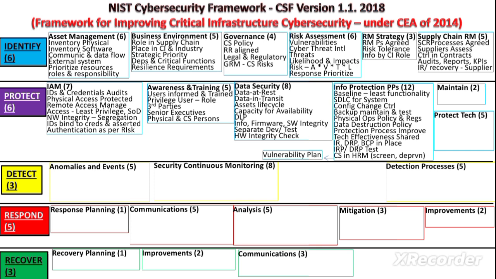And then you have to prepare incident response plans, disaster recovery plans, or business continuity plans, and then you have to test these plans as well. Then you have to ensure that cybersecurity practices are introduced in human resource management.